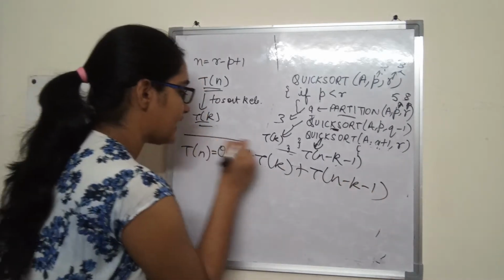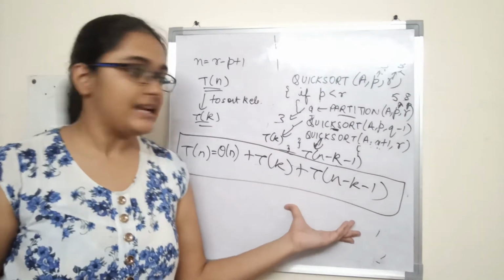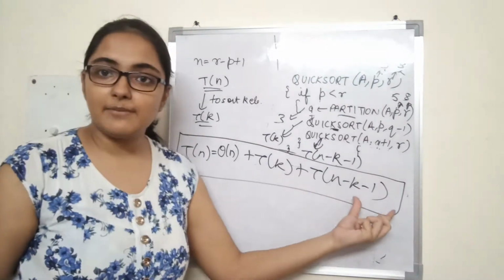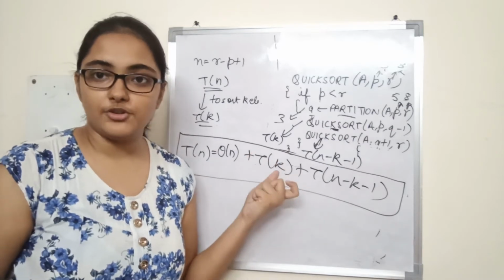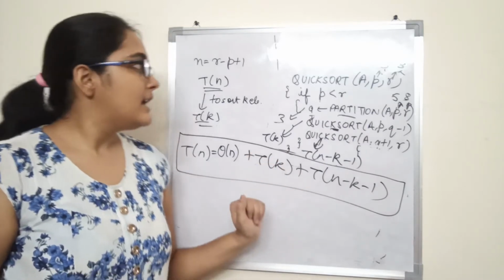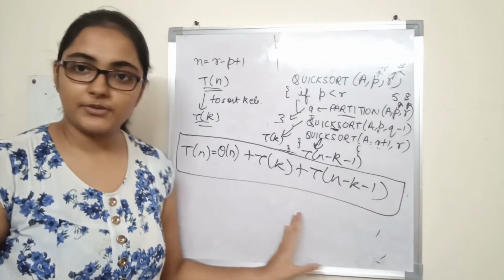So this is the general time complexity of the quicksort procedure, where k and n minus k minus 1 are the sizes of the subproblems produced by the partition function. Let us now talk about the best case and worst case time taken by quicksort.